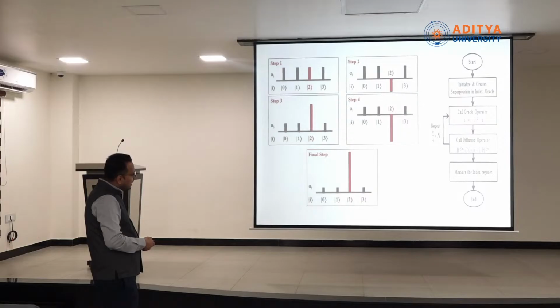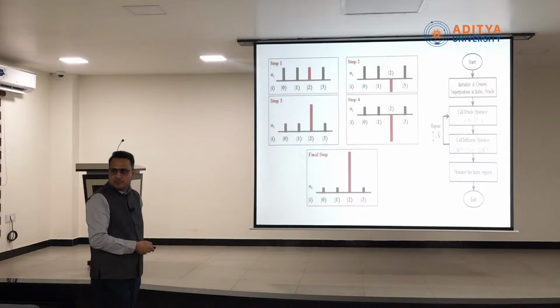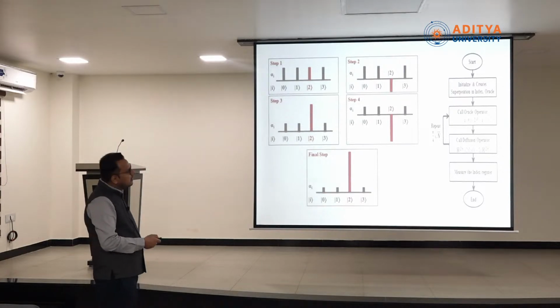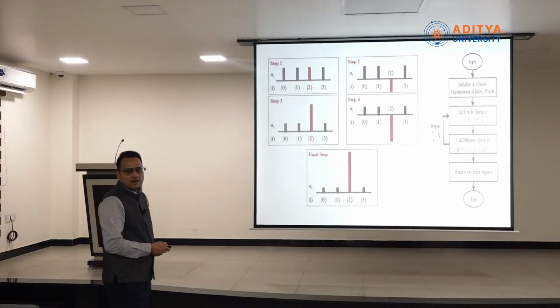And there is a destructive interference pattern happening with the other marked states. Understood or not? So this is just a flowchart of the same step, the Grover oracle and diffusion, to be repeated pi by 4 of root n times. At the last, when this number of iterations is done, you go to the index register and measure your index.